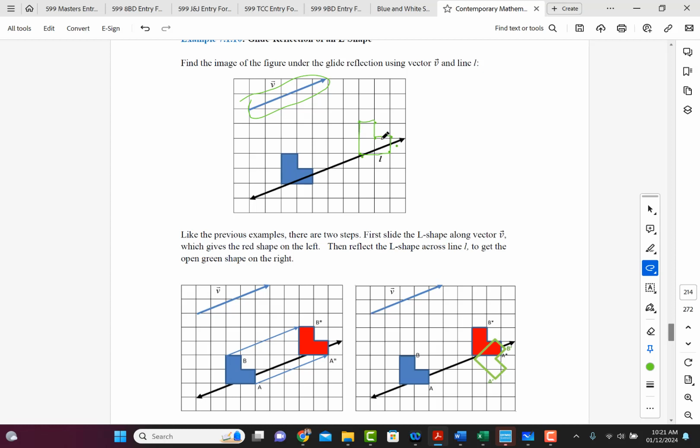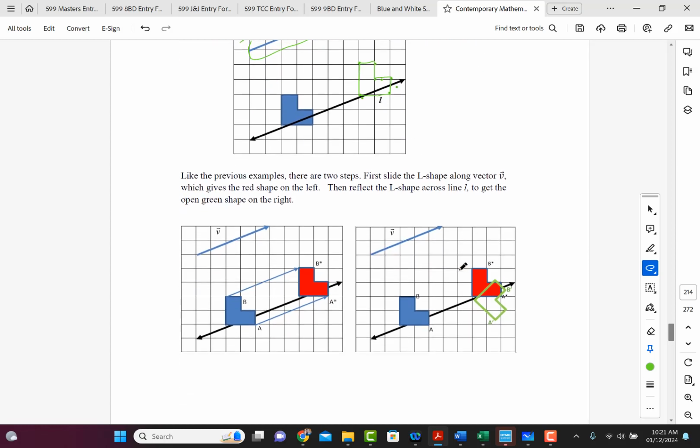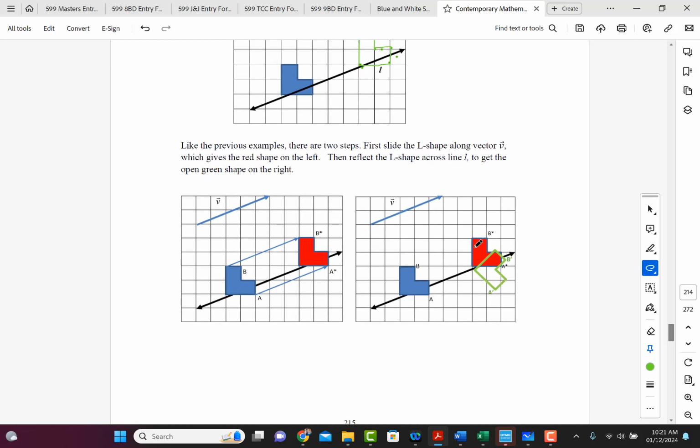This is a little more difficult with this reflection, but you get the idea, right? So we moved it down here, and then this is going to be here. So this reflection, right? So these 2 points here, and then this point flips to here. This point flips to here. This point flips to here, and so on.